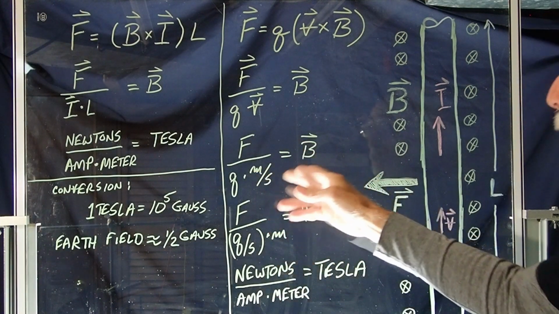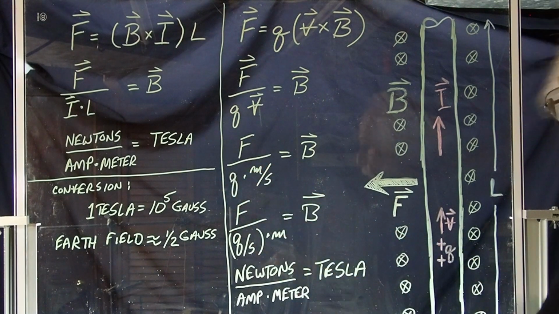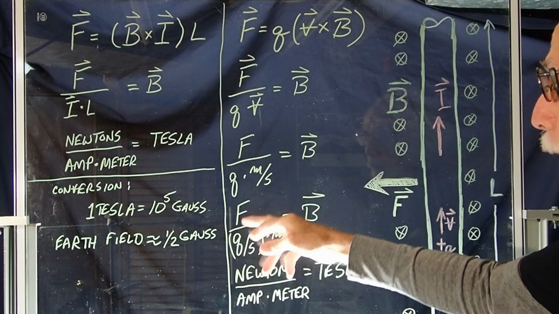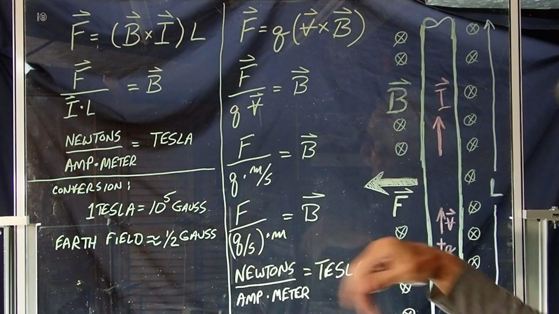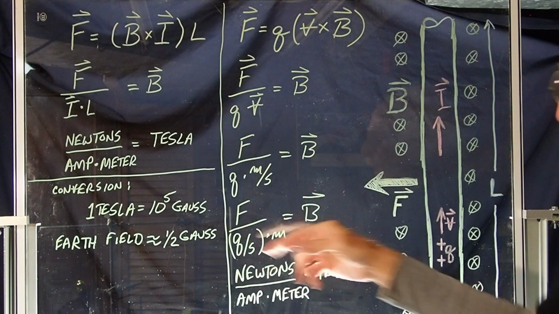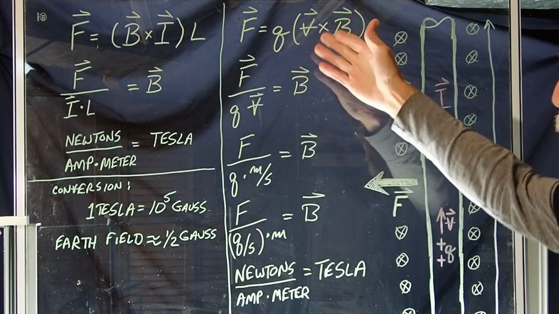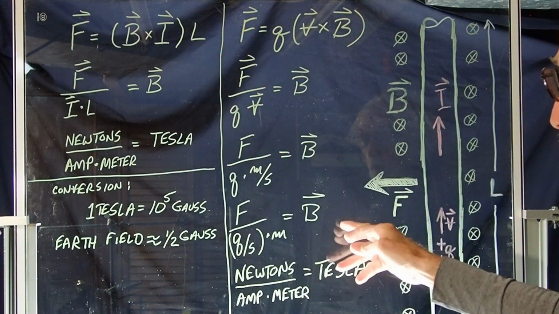And now we can associate the second with the charge. So we bring the s over, and we can now express this as F over charge per second times meters. Charge per second is nothing more than amps. And so we get the same outcome whether we're looking at a single charge or a current in a wire.